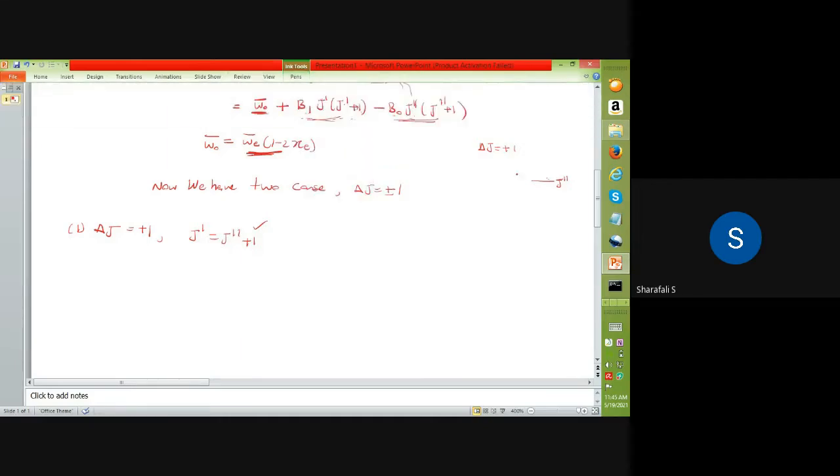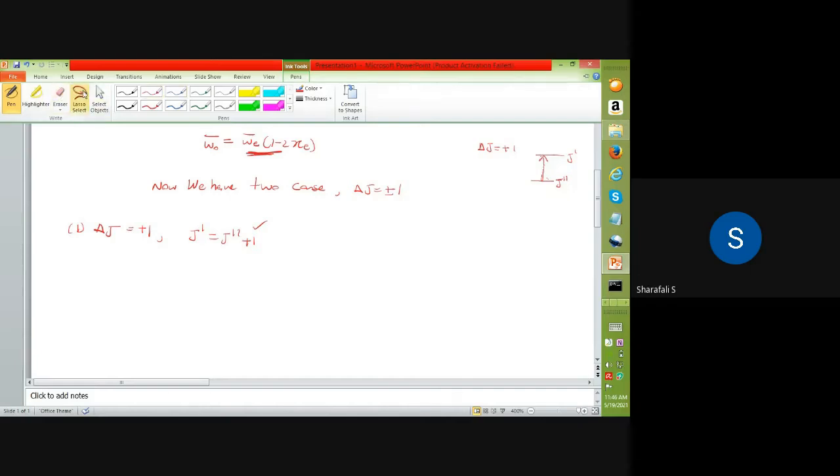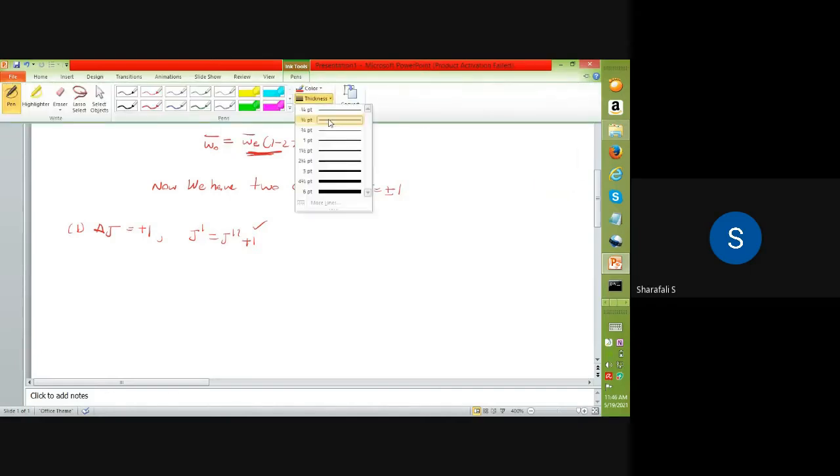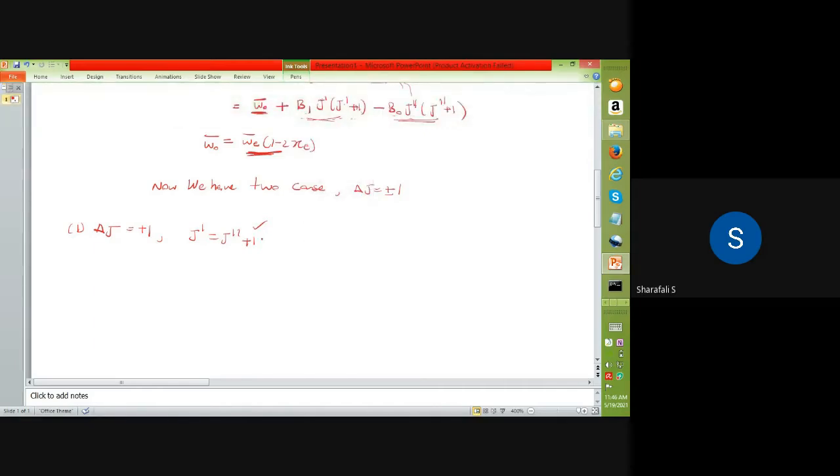Then you will get into this J'. So J' equal to J'' plus 1. That is this transition. And also delta J equal to plus 1, so J'' plus 1.